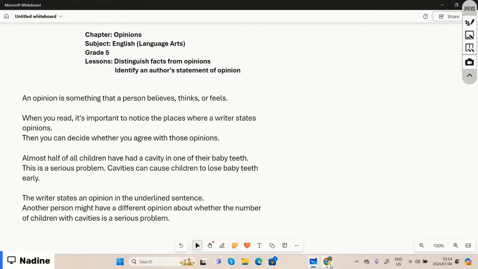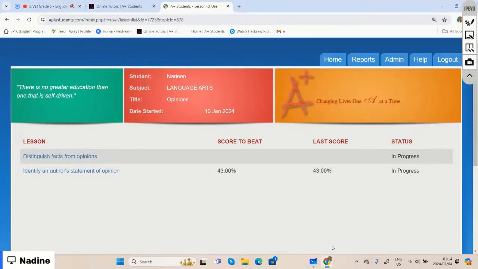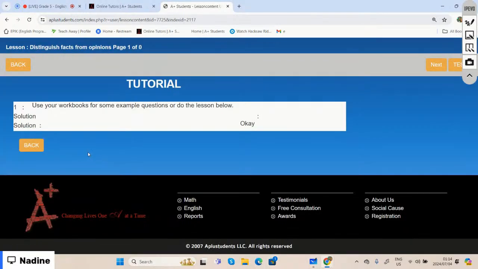All right. So now we said our chapter is opinions, and we're going to determine or distinguish facts from opinions.